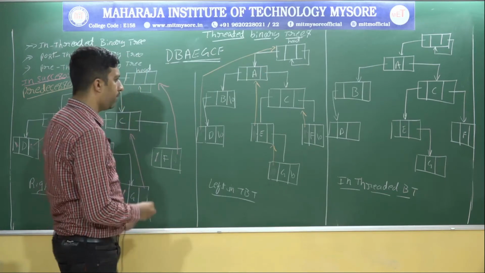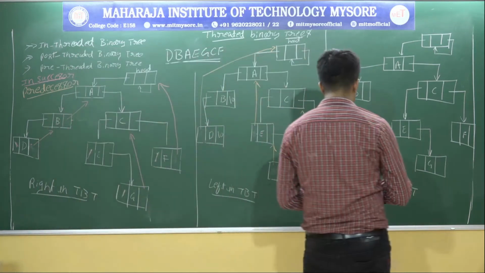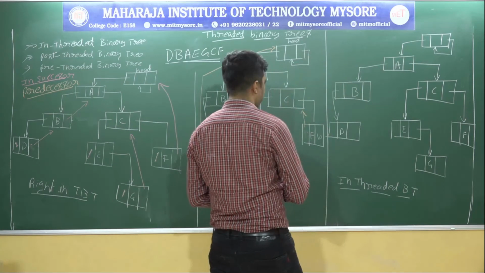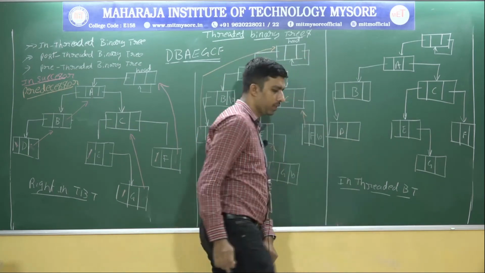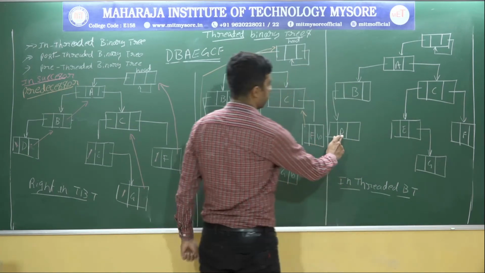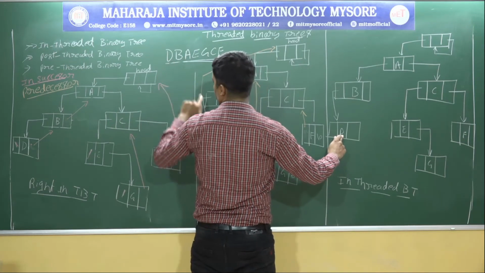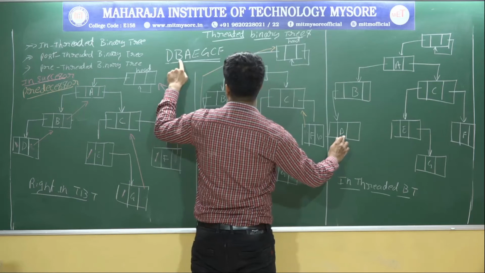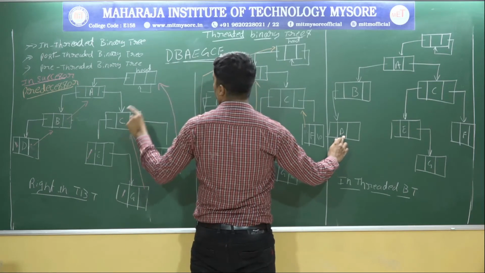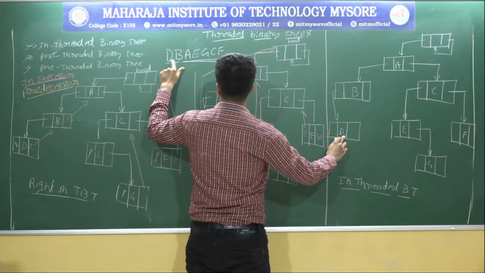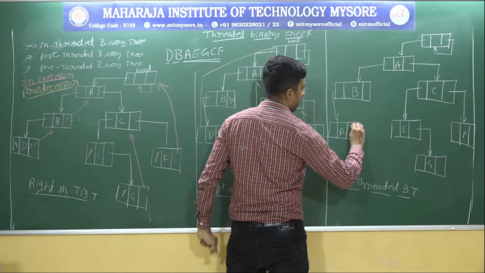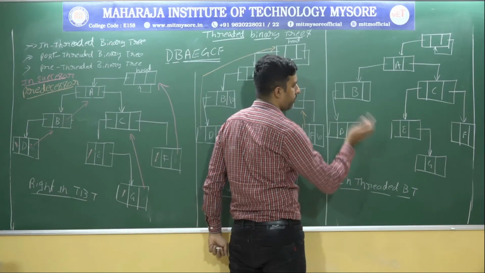How to write it? Let's see. Wherever the left node is empty, check that. D's left node is empty. Right side successor, left side predecessor.